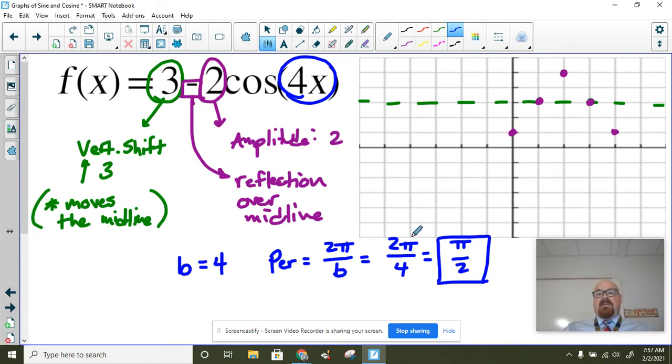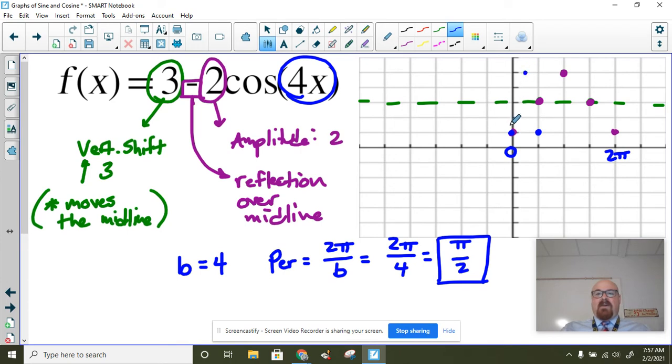So what that means is this cosine wave, which normally would start at 0 and the period would end at 2 pi, this entire wave is going to go through that progression of min, intercept, max, intercept, min by the time we get to pi over 2. So if pi over 2 is right here, we've basically compressed this graph to starting here and ending here.